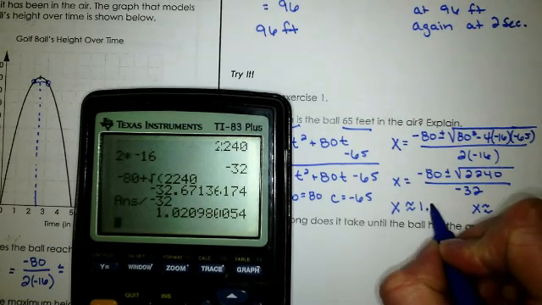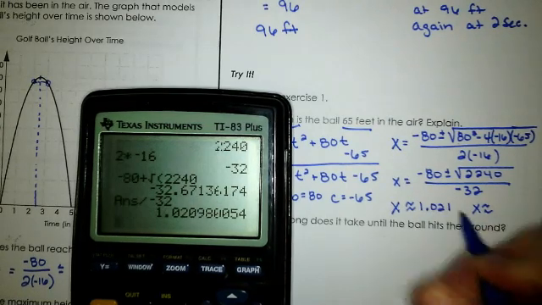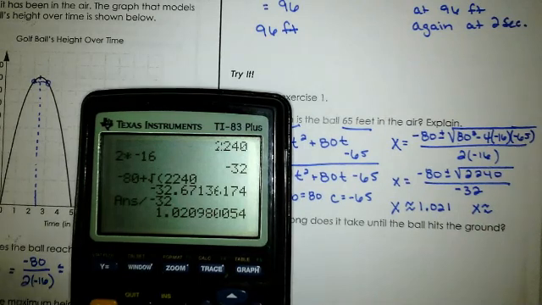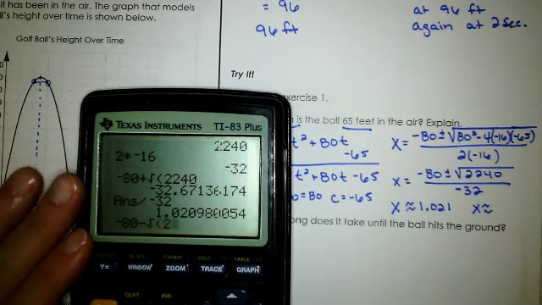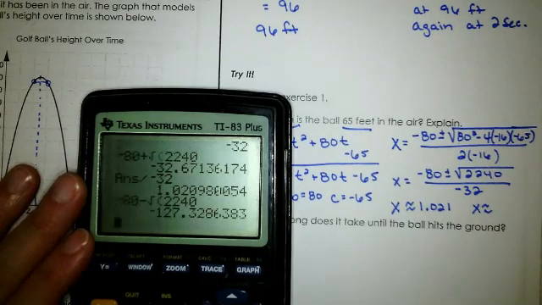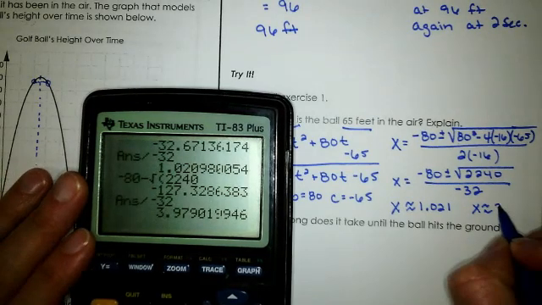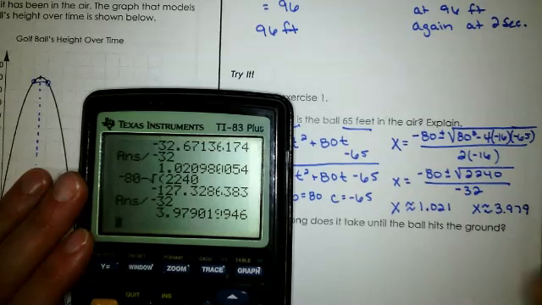We get 1.021. And when we do our subtraction work, negative 80 minus the square root of 2,240 divided by negative 32, 3.979.